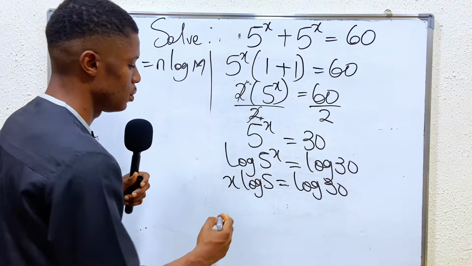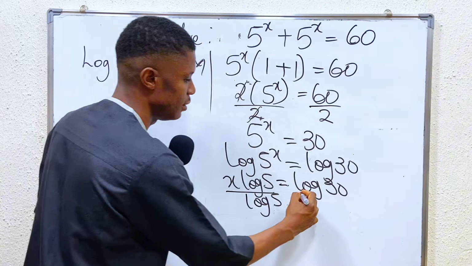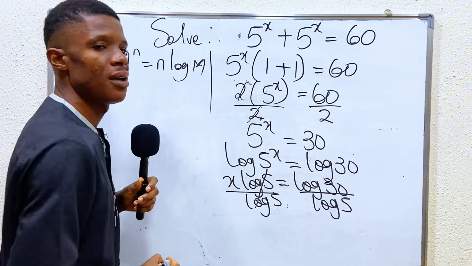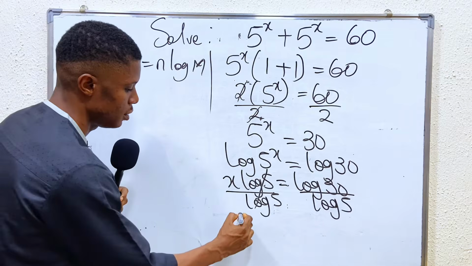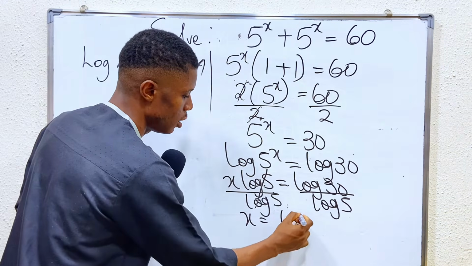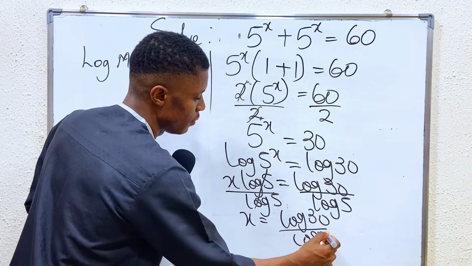So the next thing we do is to divide through by log 5 and divide through by log 5. If you divide by log 5, what do you have x to be? You have x equal to log 30 over log 5.